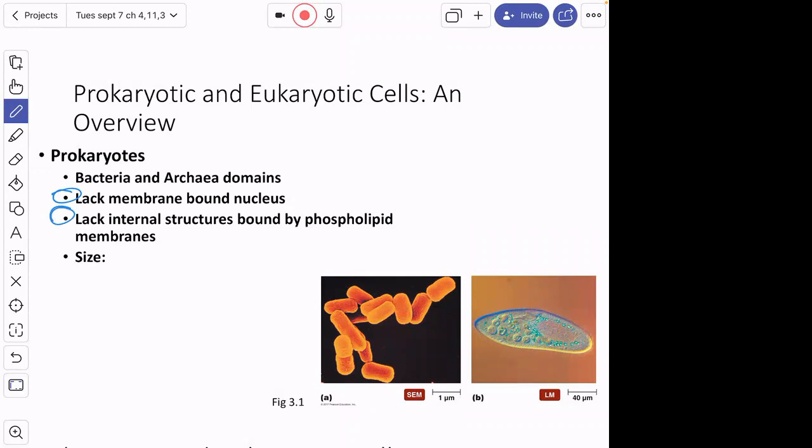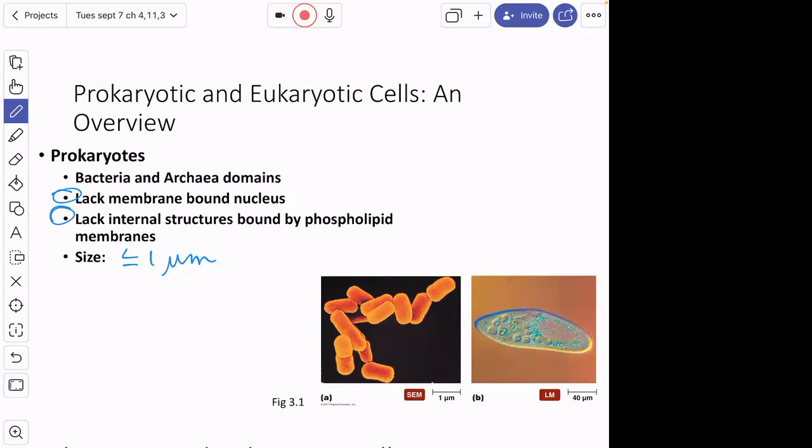So they don't have Golgi apparatus, endoplasmic reticulum, lysosomes, any of those organelles. What size approximately are prokaryotic cells? They're usually less than or equal to about 1 micrometer. That's a general rule for their size.